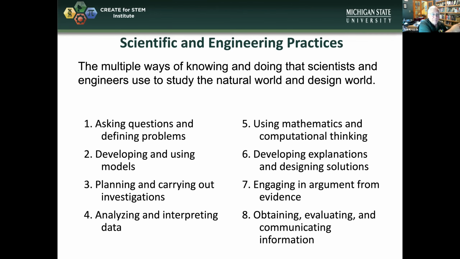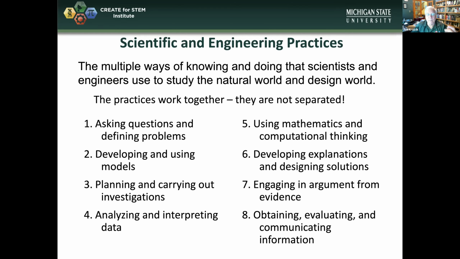We all memorize various models, but we never develop them and ask ourselves, does my model account for all the evidence that I have? And so the scientific and engineering practices are the way in which scientists go about figuring out phenomena, along with the disciplinary core ideas and cross-cutting concepts, because you need those.